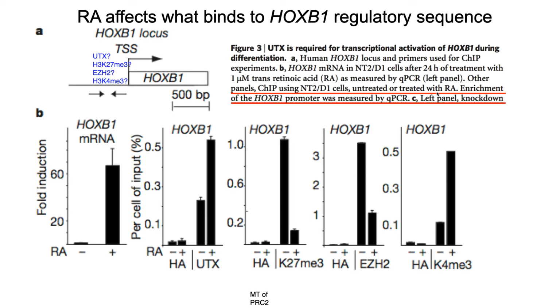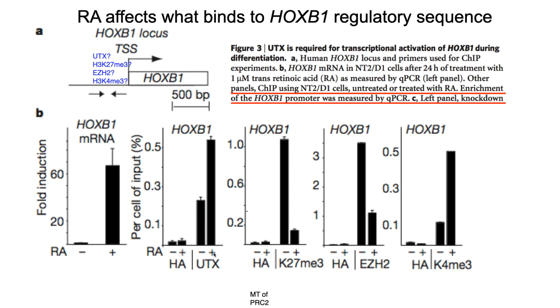So this is a ChIP experiment, chromatin immunoprecipitation, in which they're taking a whole bunch of cells. Some have been incubated in retinoic acid, and another set has not been incubated in retinoic acid. That's the minus plus here again.